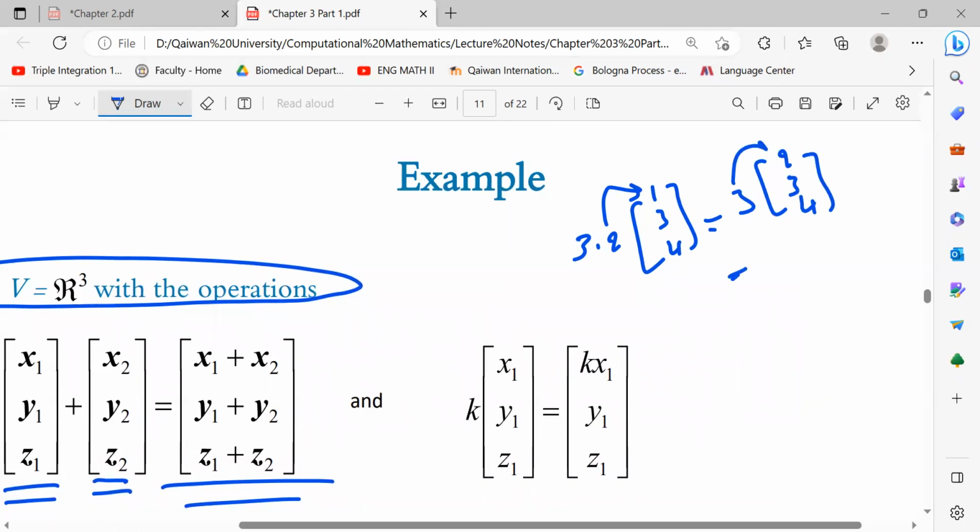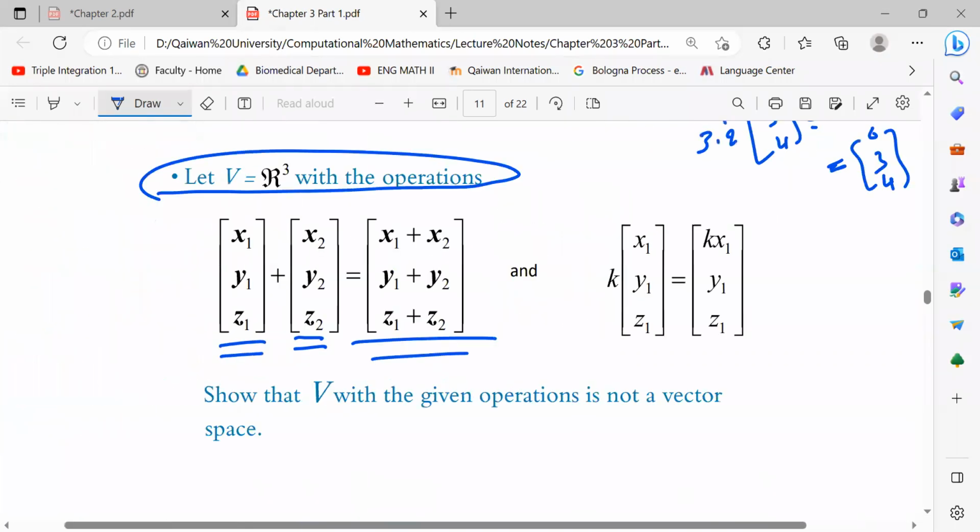Again, if we enter this, we get (6, 3, 4), is it? If we have more than one scalar multiplication, we do the same procedure. We apply the same rule. Okay? We have these two definitions for addition and scalar multiplication.